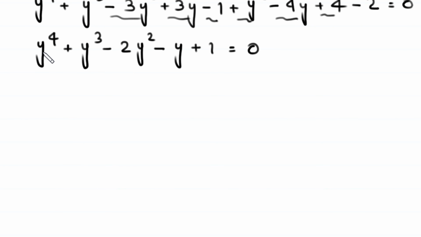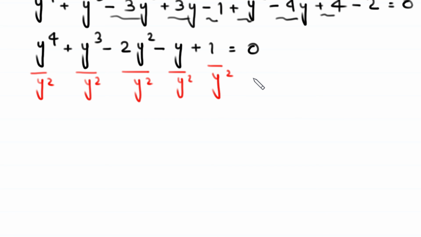Now this equation is a reciprocal equation, so we divide each term by y squared. We also divide 0 by y squared.